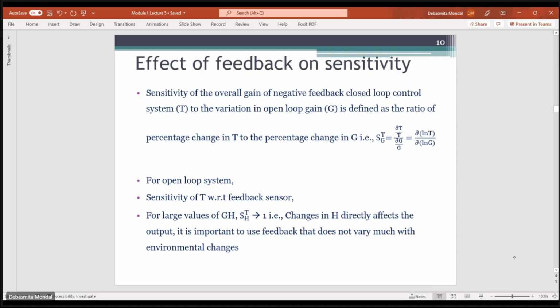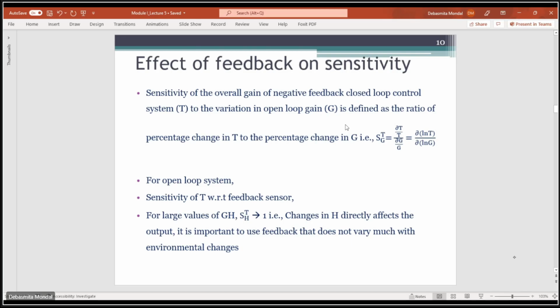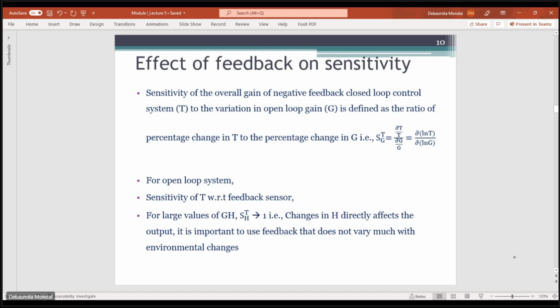So S of T with respect to G will be equal to the fractional or percentage change in the overall gain divided by the percentage change in the open loop gain.